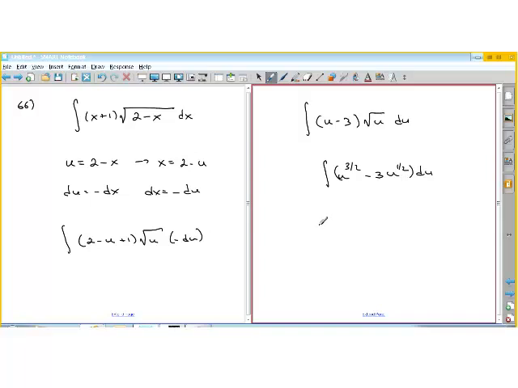So now we have this polynomial, so you just add 1 to the exponent. So 3 halves plus 2 halves is 5 halves. We divide by the new exponent. The second one, we have the constant 3. We take u to the 3 halves and we divide by the new exponent, which is 3 halves. And we add our arbitrary constant c to the whole thing.